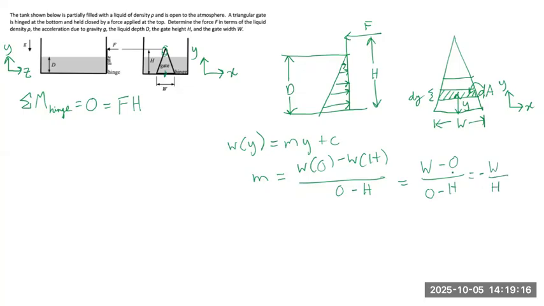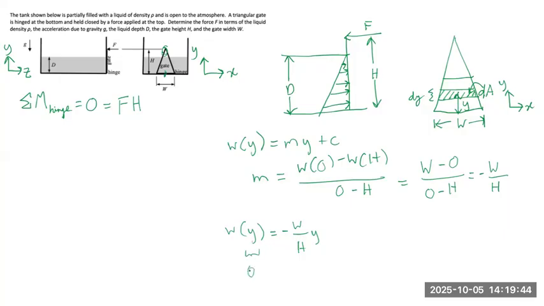And so from the equation of a line, wy is equal to negative W over h, y plus c. And the c is the value of the width at y equals 0. That is what the c in that case means.